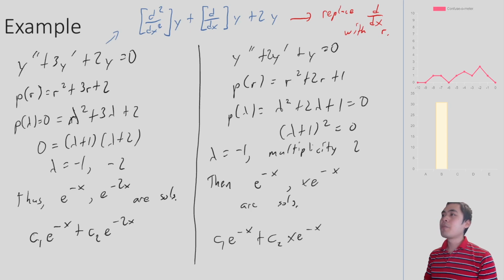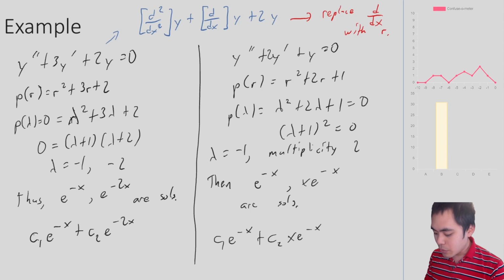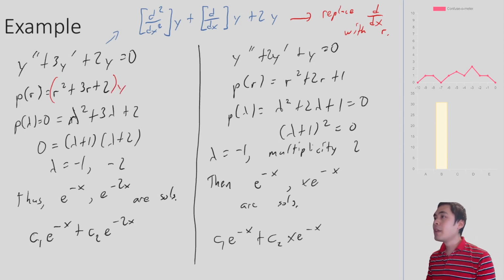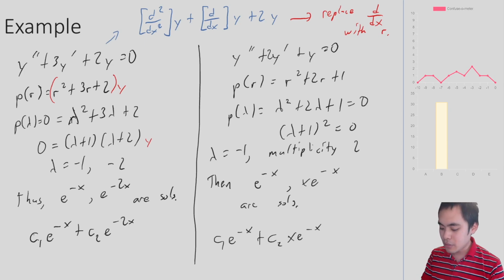The second part is that you could include the y if you wanted to, and when you set this equal to 0, you either get that lambda is equal to -1, lambda is equal to -2, or y is equal to 0. But y equal to 0 is always a solution, and so we don't really care about the y's.